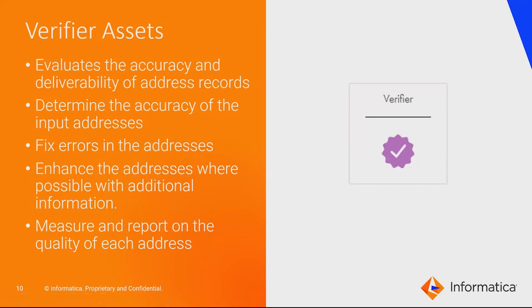If there are any errors, you can fix the errors or enrich the addresses. It will also give you a report on the quality of each address, and you can certify it based on different countries' addresses.